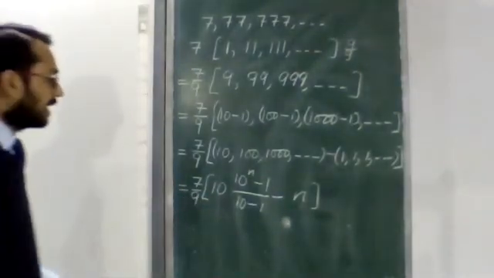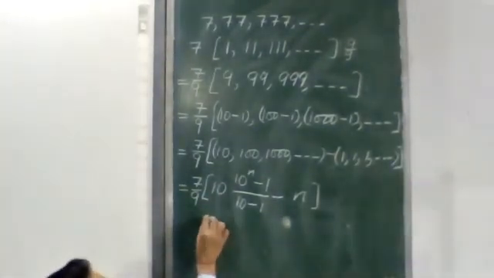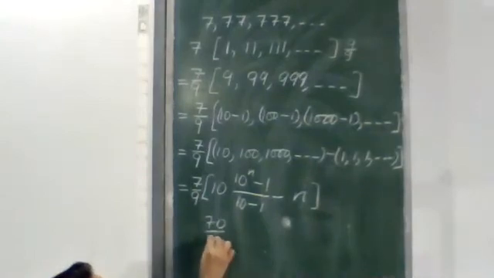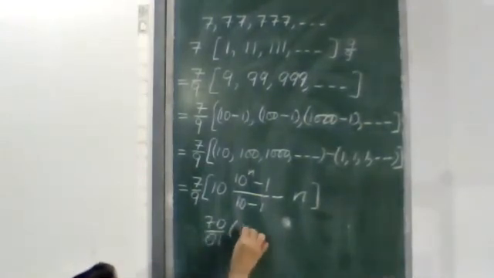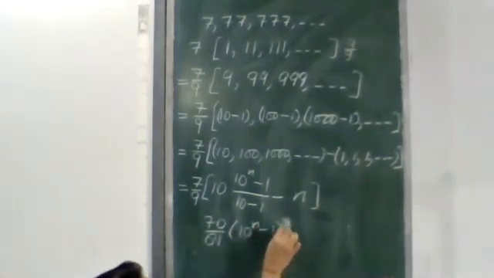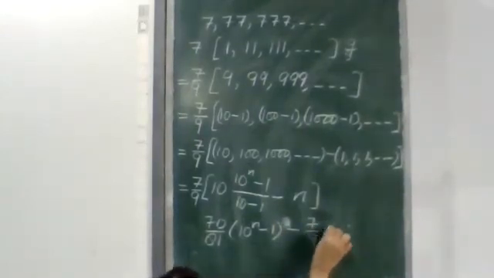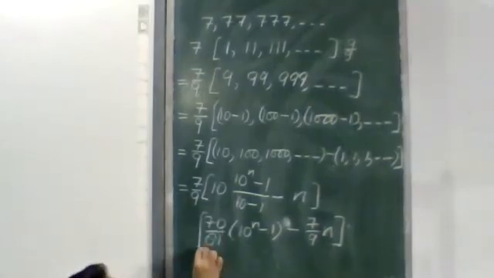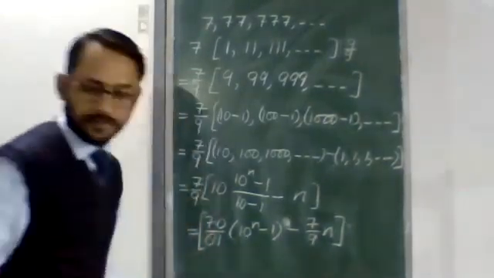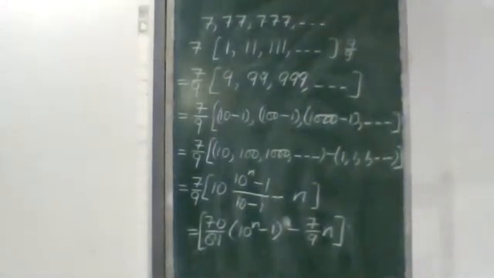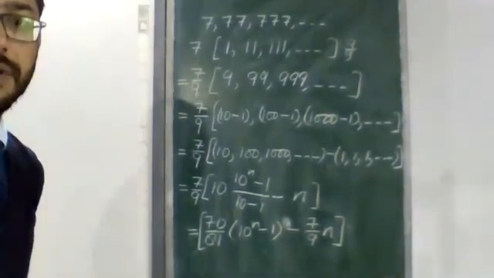Taking 7 upon 9 inside, it becomes 70 upon 81 into 10 to the power n minus 1, minus 7 upon 9 n. So this way we could do it. It was a wonderful question. Hope each one of you will be able to do it.